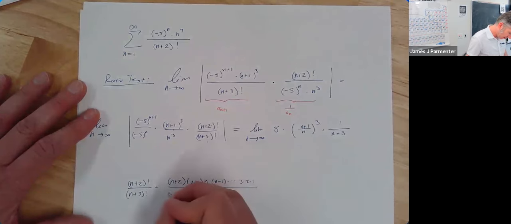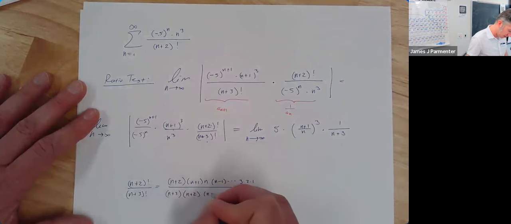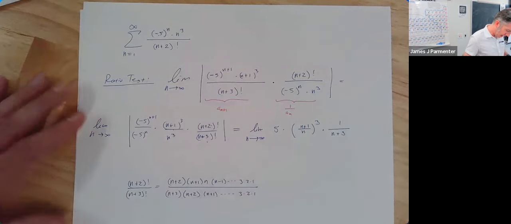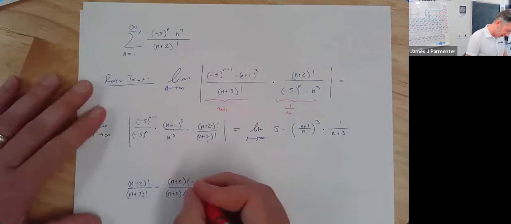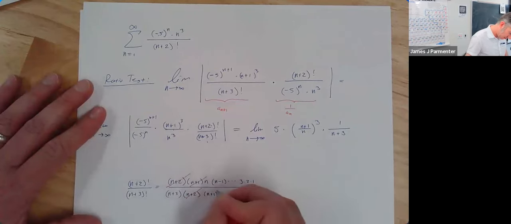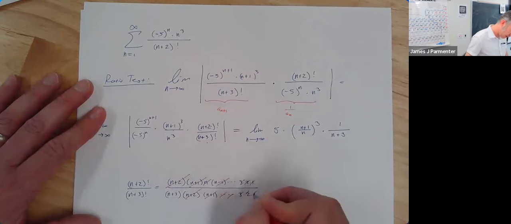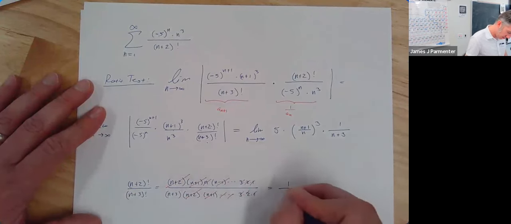N plus 3 factorial starts at n plus 3. And then the next term is n plus 3 minus 1, which is n plus 2. And the next term is n plus 2 minus 1, which is n plus 1. And you just keep getting one smaller every time. And then everything cancels except for the first term on the bottom. So yeah, it's going to be 1 over n plus 3.